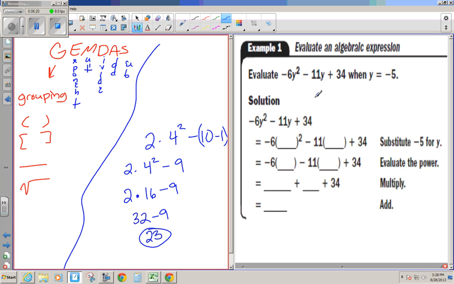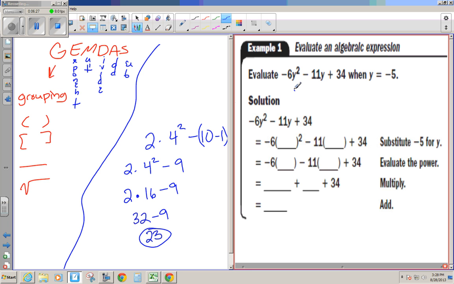Evaluate an algebraic expression. All right, what you need to do for this, you're going to plug in this number here. Evaluate sometimes means to substitute. So you put a -5 in here. All right.